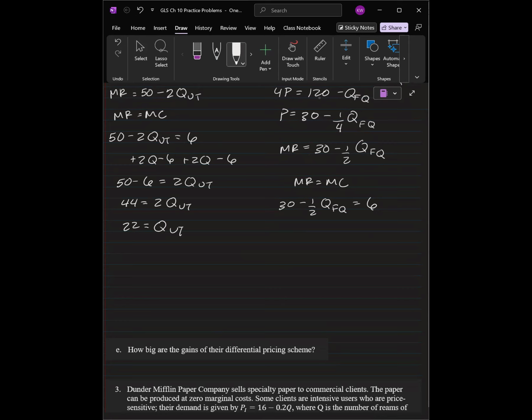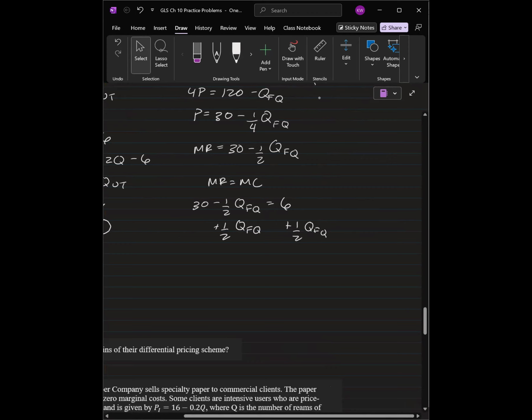And then we're going to do the same for our French Quarter market. So we will add 1/2 times quantity to both sides and subtract 6. So that's going to get us 24 equal to 1/2 times quantity.